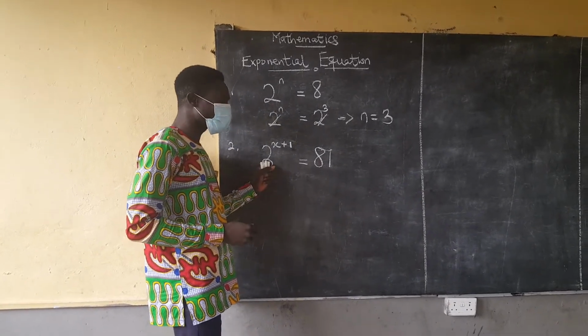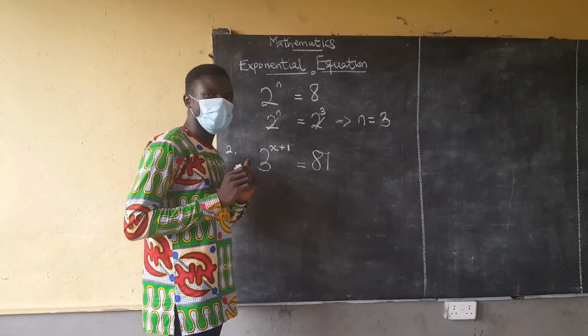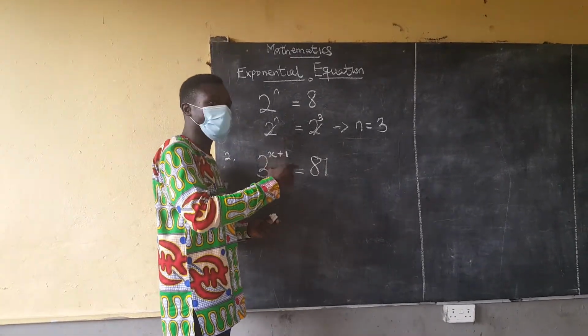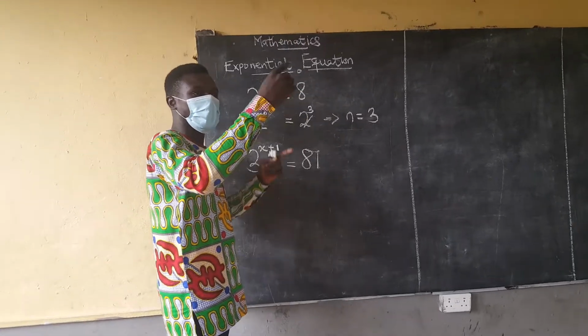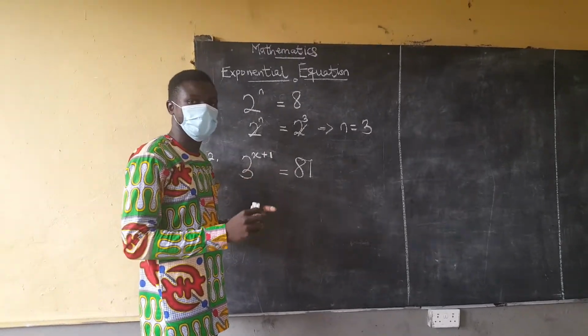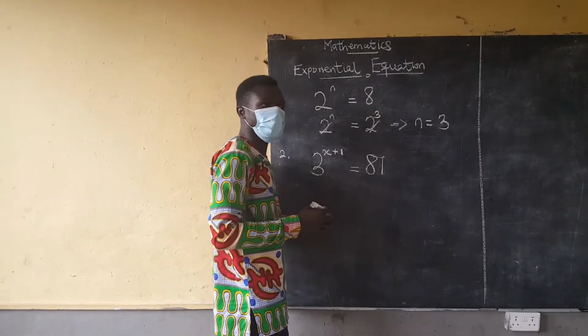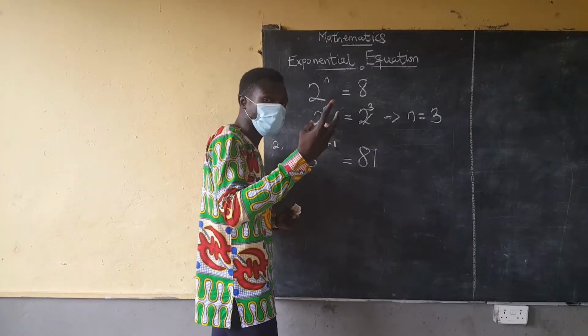So what will we do? We'll ask ourselves, 3 times 3, how many times will give us 81? If I have 3 times 3, that gives me 9, and 9 times 9 is 81. So 81 is the same as 3 times 3 times 3 times 3, 4 times.